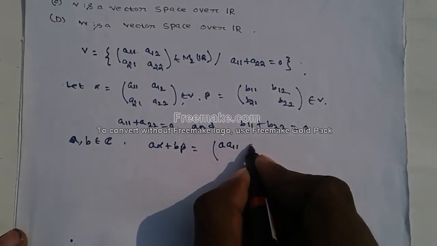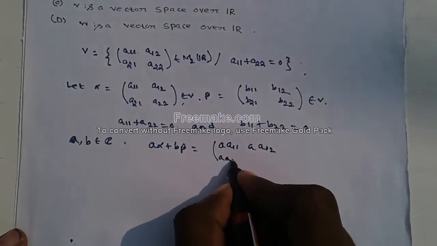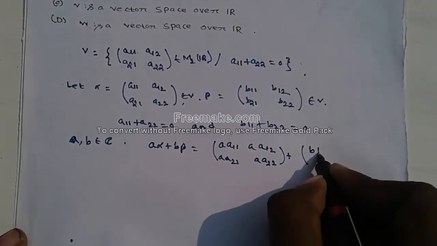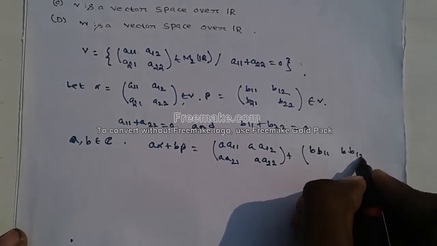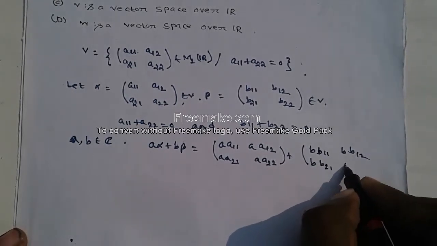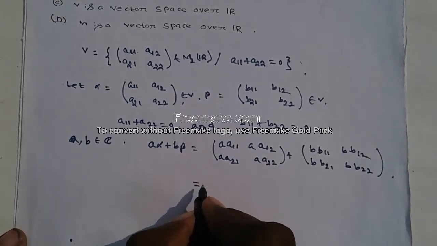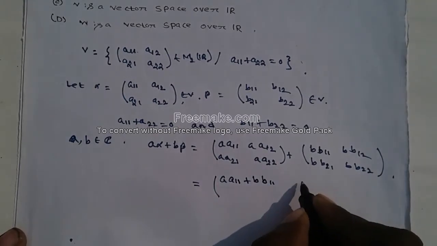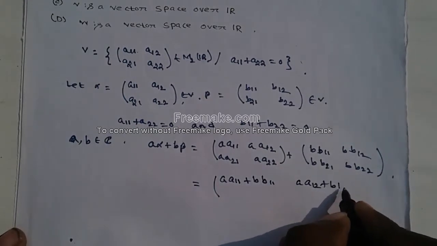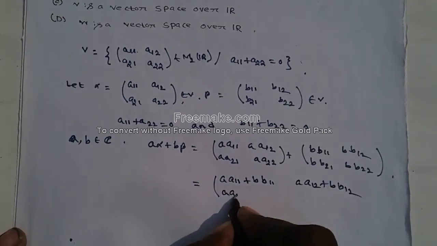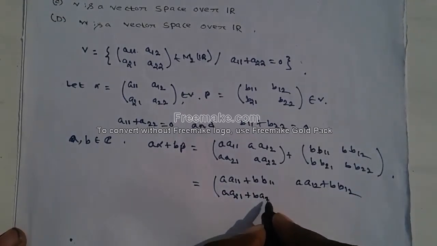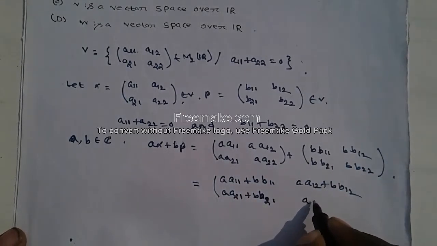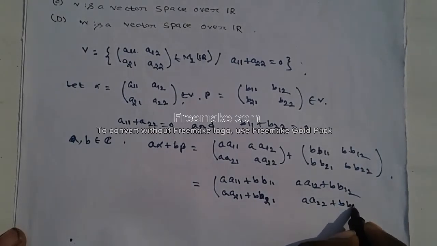Then a alpha plus b beta equals a times the matrix A11, A12, A21, A22, plus b times the matrix B11, B12, B21, B22, and this becomes a·A11 + b·B11, a·A12 + b·B12, a·A21 + b·B21, a·A22 + b·B22.